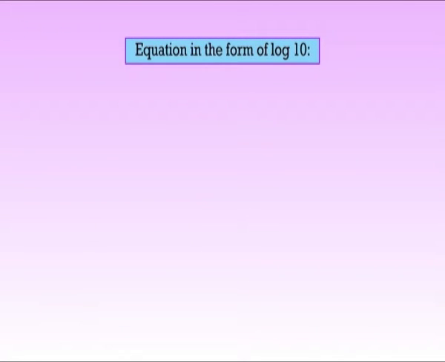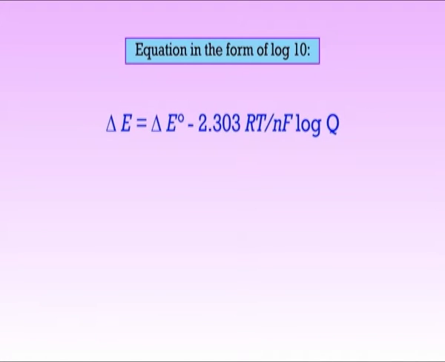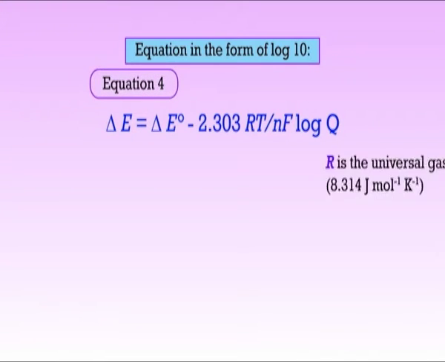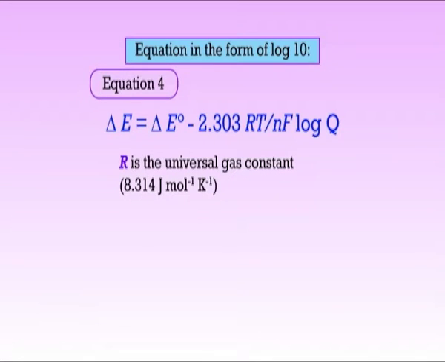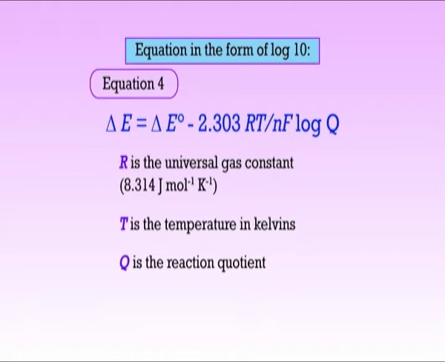This equation can be rewritten in the form of log base 10, which is ΔE equals ΔE naught minus 2.303 RT by nF log Q, which is equation 4, where R is the universal gas constant at 8.314 joules per mole per Kelvin, T is the temperature in Kelvins, Q is the reaction quotient, and F is the Faraday constant, which is 96,485 coulombs.